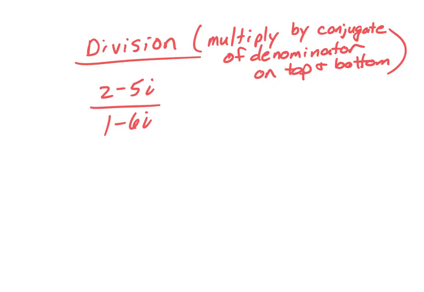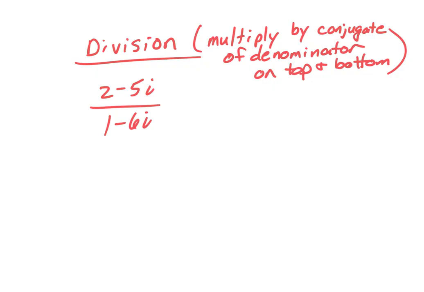The reason we do it on both top and bottom is because we have to make it an equal expression. If I gave you a number like 1 over 8, and asked for a fraction equivalent to 1 over 8, I could multiply top and bottom by 2, and 2/16 would be equivalent. I can't just multiply the bottom or just the top. I have to do it to both.